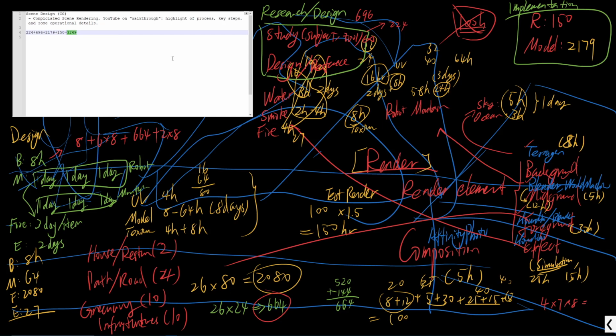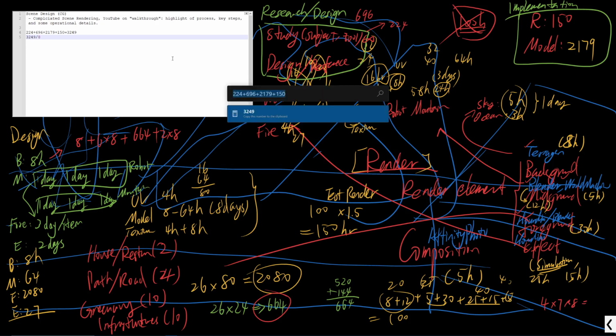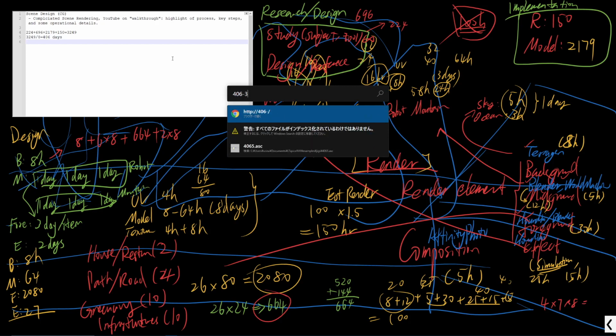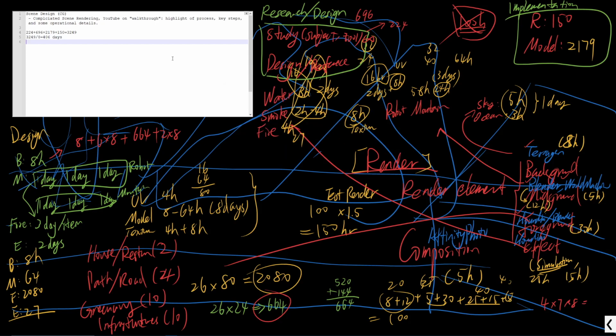Now this much hours divided by 8 is 406 days, and 406 minus, it's 1 year plus 41 days, 1 month. Good.